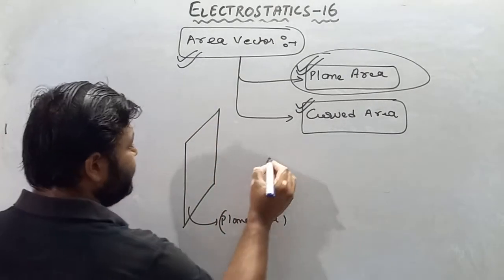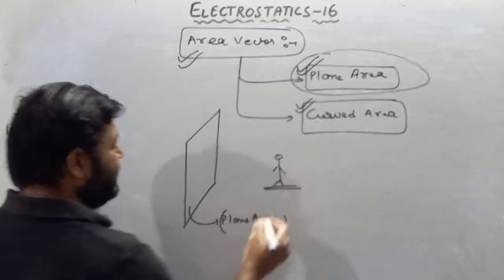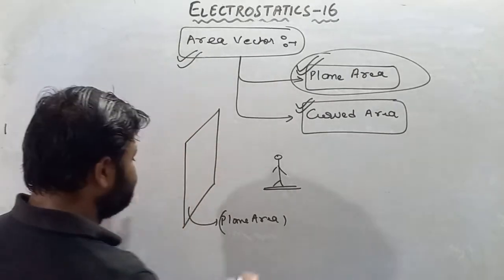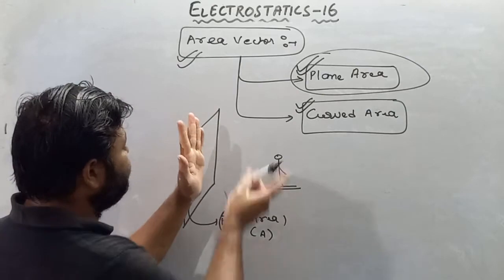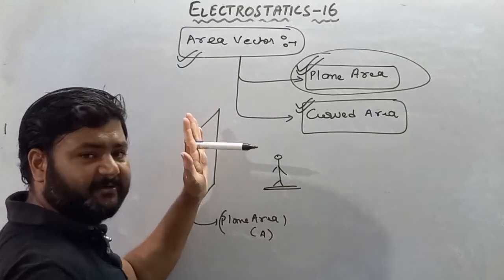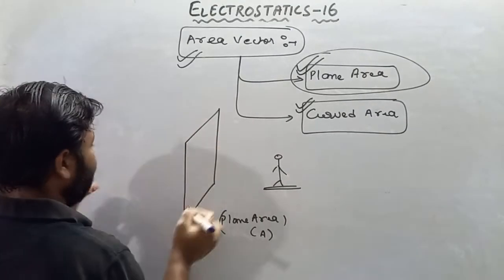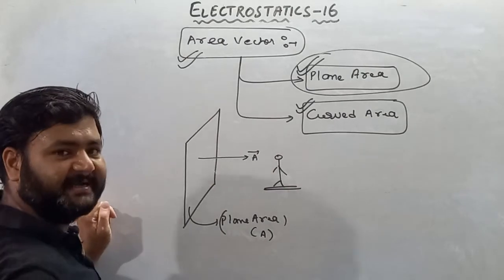Let's suppose one observer is standing here, and this plane area carries magnitude A. So the area vector is always perpendicular to the area and towards the observer. So the area vector for this plane area is like this. This is your area vector.